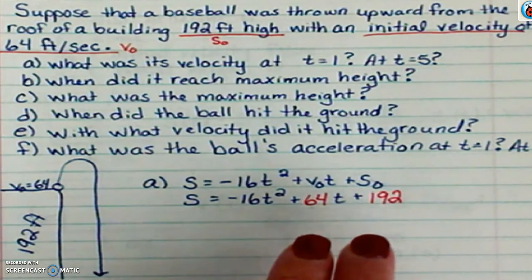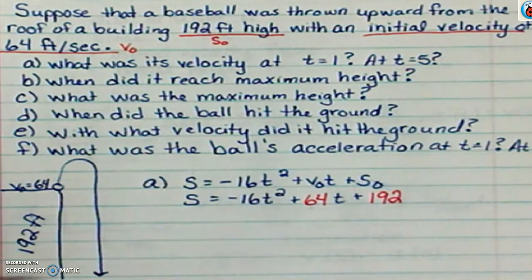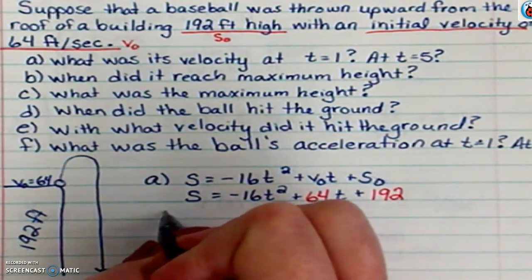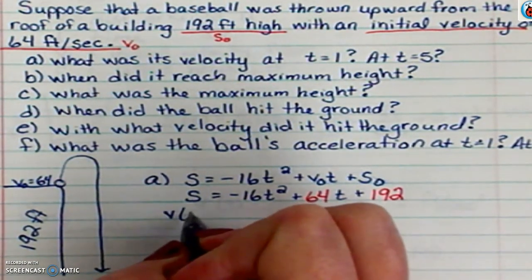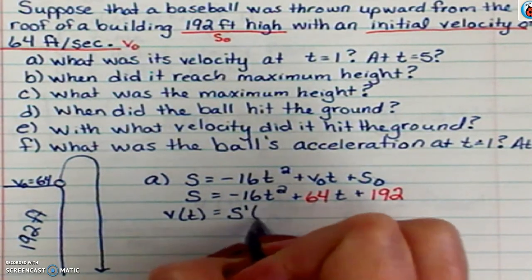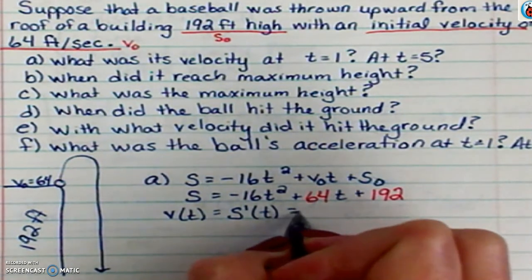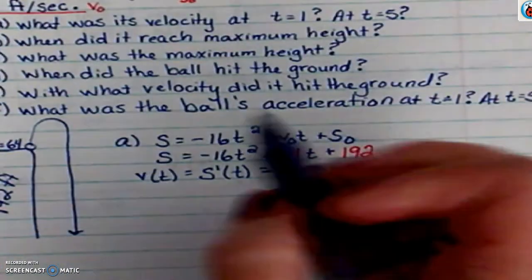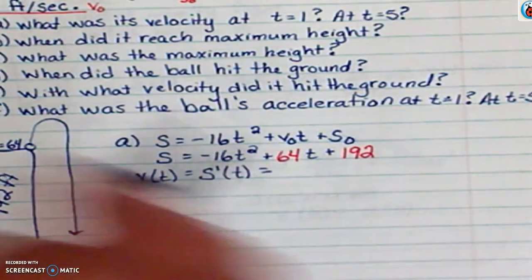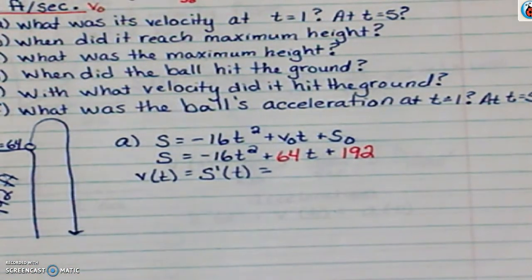So we need to find out part A, which is what is the velocity at t equals 5 and t equals 1. What we know is that velocity is the same thing as the first derivative of distance. So I need to take the derivative of S equals negative 16t squared plus 64t plus 192.